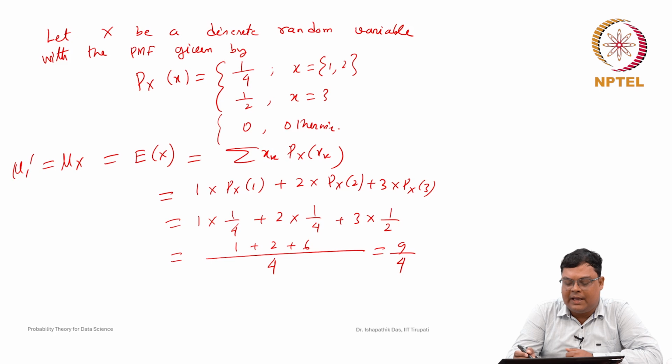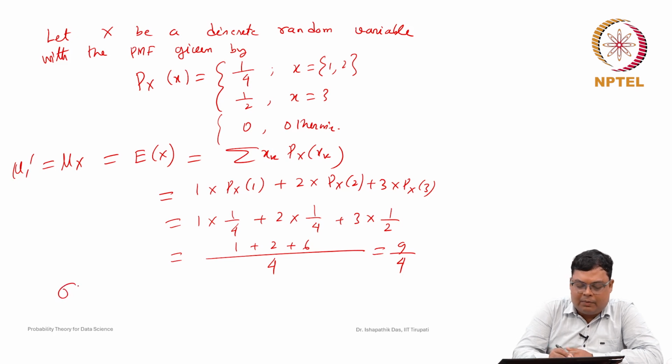If you want to find the variance, the formula is sigma squared X, which is the expected value of (X minus mu_X) whole square.